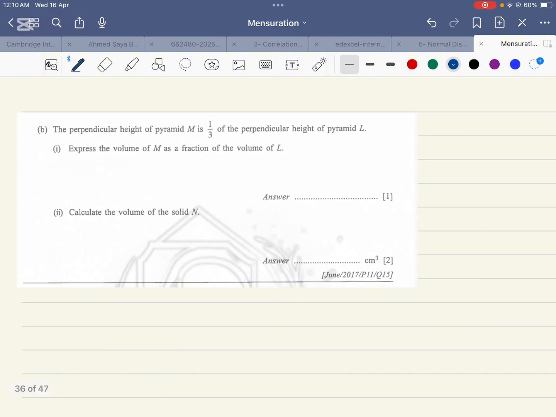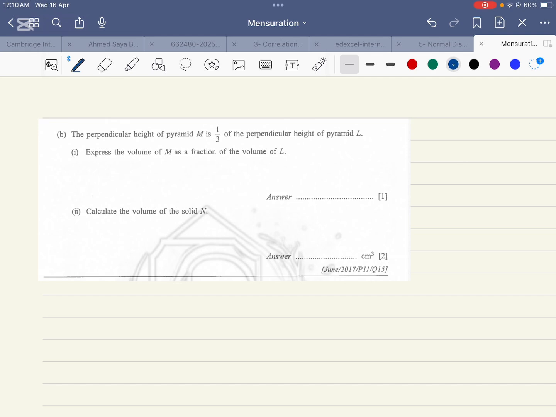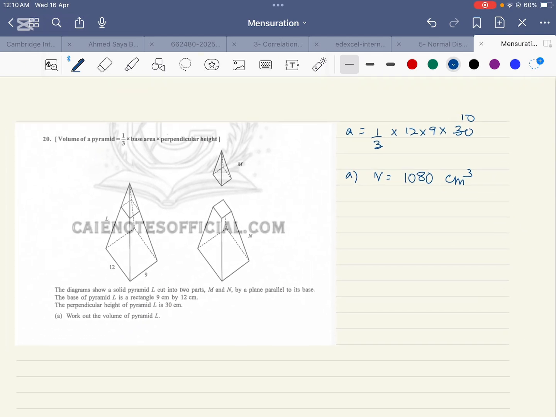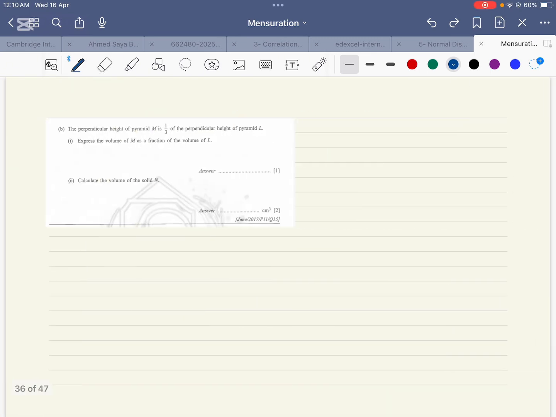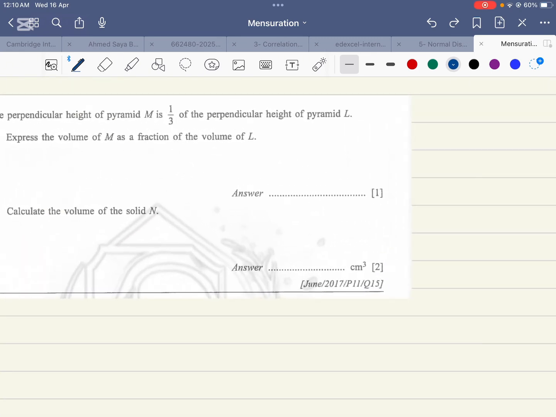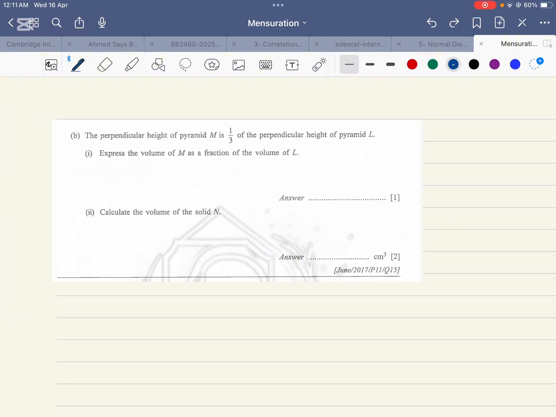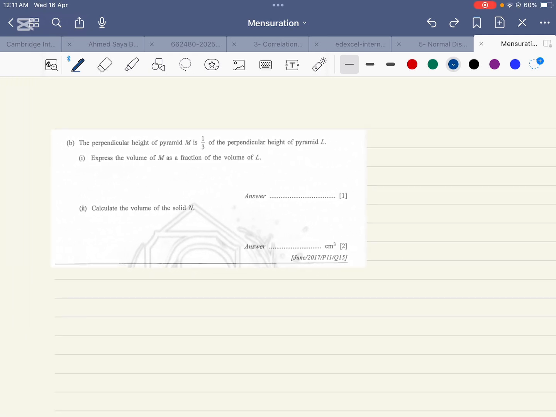Perpendicular height of the pyramid M is 1/3 of perpendicular height of pyramid L. So pyramid M is this small pyramid and pyramid L is this large pyramid. So the question says express the volume of M as a fraction of volume of L, right? So how do we do that?